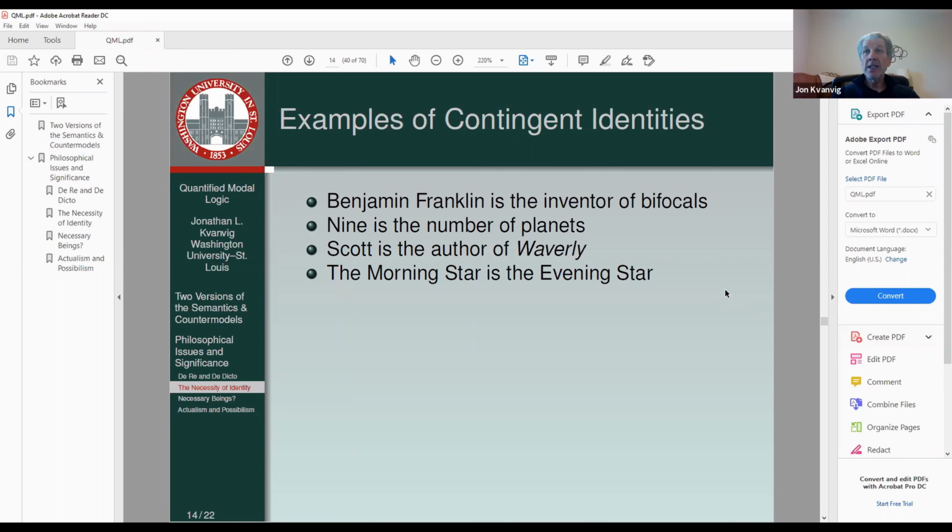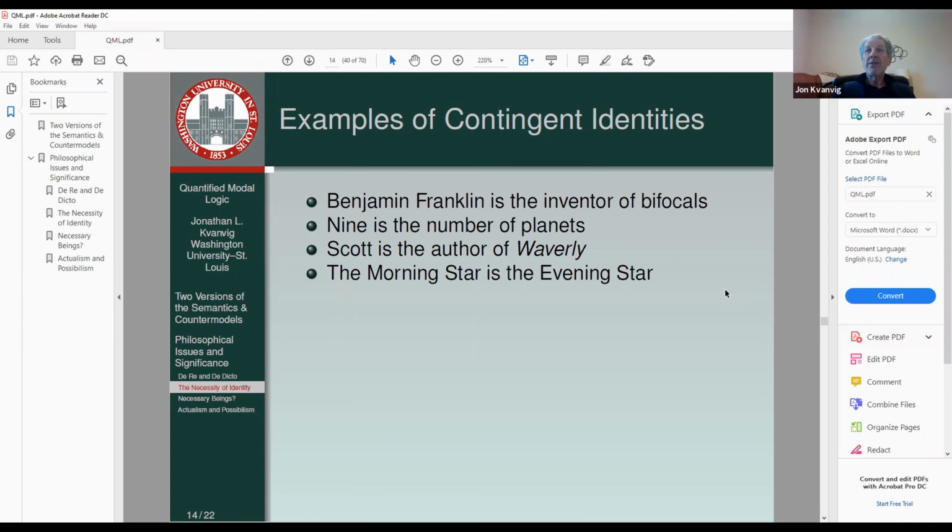Now, look at the sentences here. Are these examples of the "is" of predication or the "is" of identity? People thought, no, it's not just the "is" of predication because it's stronger than that. Benjamin Franklin is a citizen of Philadelphia. That's an "is" of predication. But this is different.